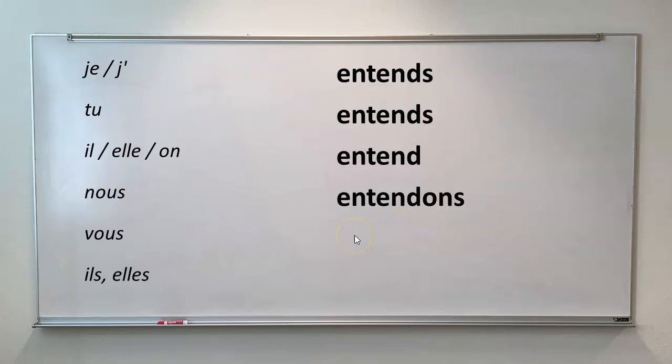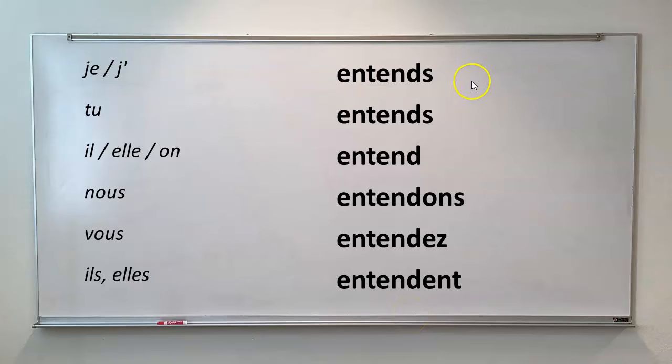Nous entendons, we hear. Vous, there's my root, add the ending, easy. Vous entendez. Ils, there's my root, and then add the ENT ending, which you have memorized. So we have ils entendent, they hear. Elles entendent, they hear.